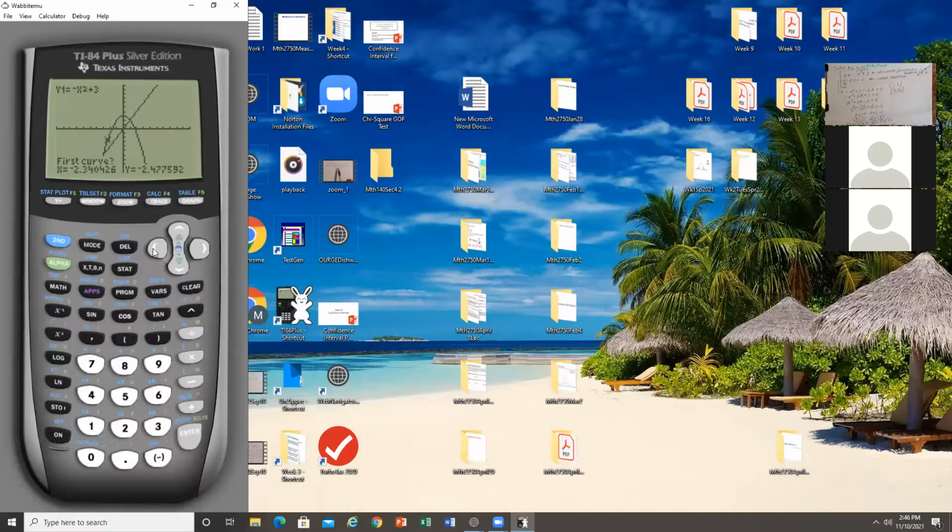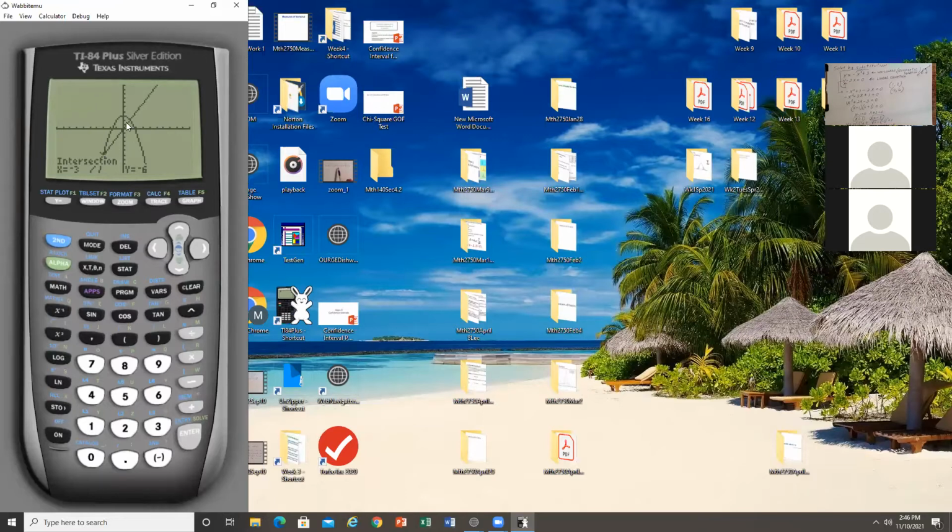Notice my blinking cursor is sitting on one of my graphs. I will designate the parabola as the first curve. Hit enter. Your blinking cursor jumps to the other graph. We'll call this the second curve. Hit enter again. And there's that point of intersection, (-3, -6). That's one solution we solved via substitution, (-3, -6).